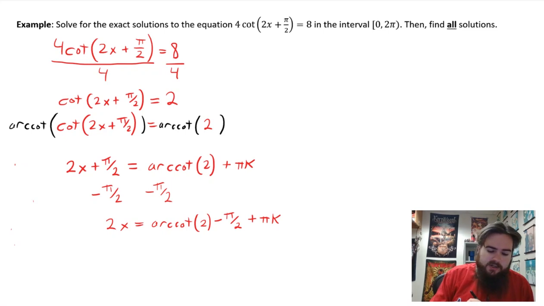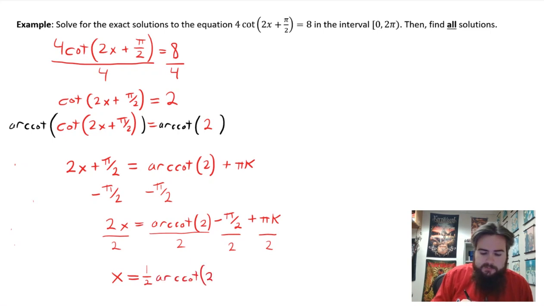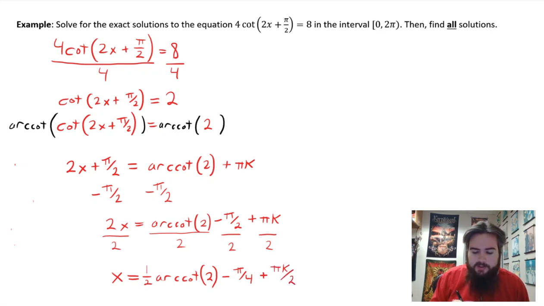And the last thing I need to do is divide by 2 to get x by itself, which means I'm going to divide arccotangent by 2, the negative pi halves by 2, and the pi k by 2, which will now give me x equals 1/2 arccotangent of 2, the inside does not get divided, minus pi over 4, plus now pi k over 2.